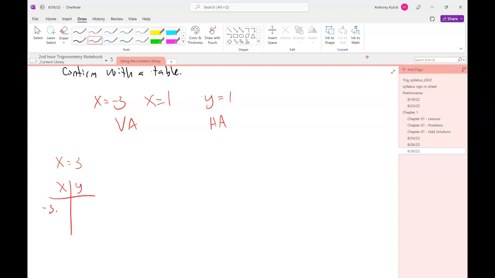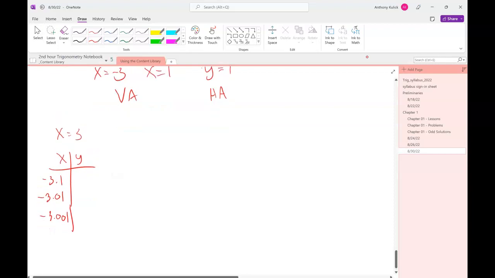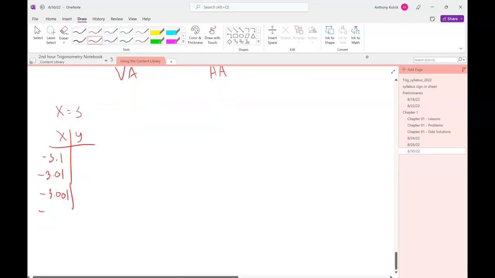We'd use maybe -3.1, -3.01, and -3.001. And then if I'm looking after -3, maybe I do -2.9, -2.99, and -2.999. And I'm just going to see what's happening to the y coordinate there.